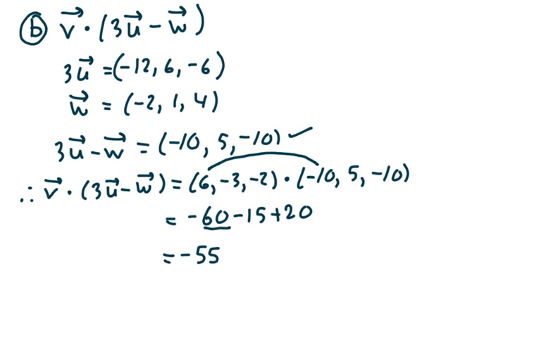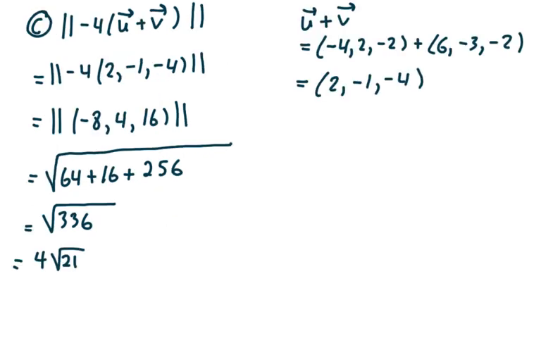I'm going to subtract negative 3 times 5. In other words, I'm going to subtract 15. And then I'm going to add negative 2 times negative 10. In other words, I'm going to add 20. And my final answer should be negative 55. That's part B.